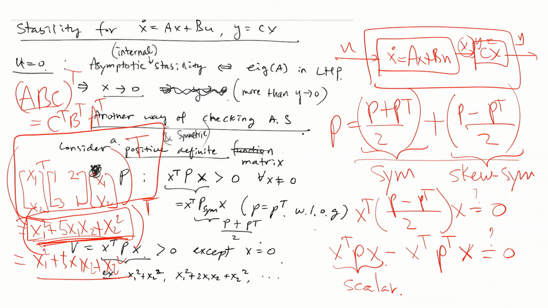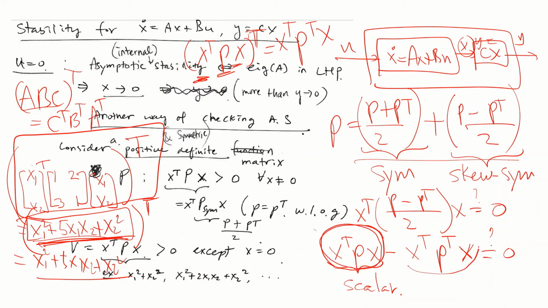Now if we take the transpose of x transpose P x, what happens? We get x transpose, P transpose, and x transpose transposed, which is x. So the transpose of this one is exactly this one.